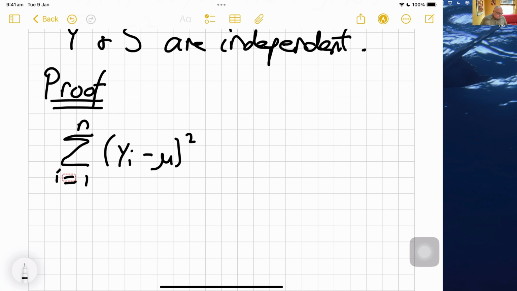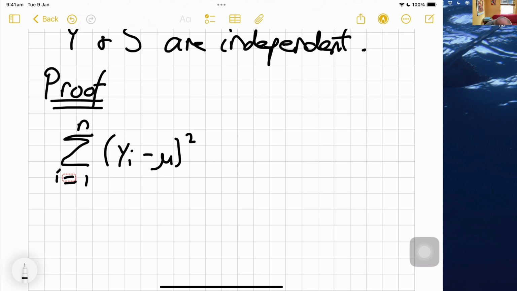I'm going to manipulate this into something I know, equal to two terms which I'm also going to manipulate into something I know, and then rearrange it. We're going to end up with n minus 1 times s squared over sigma squared. So you're going to have to set aside your disillusionment and ask, what's happening here? Give me a chance. It will come together at the end.